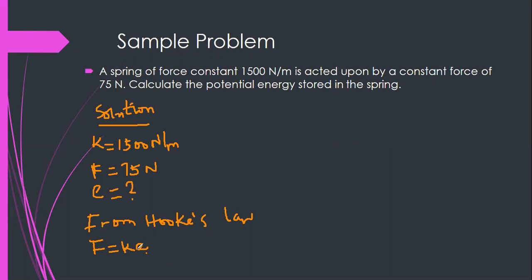I think I explained this at the beginning of this video, so you shouldn't have a problem. So now from this simple equation, we can find our extension. We have force, which is 75. So let's substitute 75 equal to constant K, which is 1500, times e.